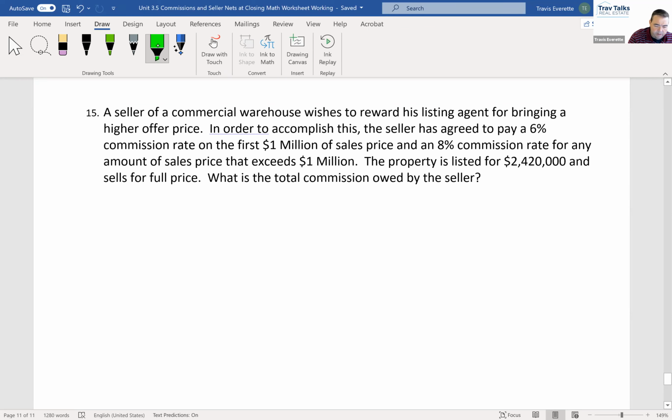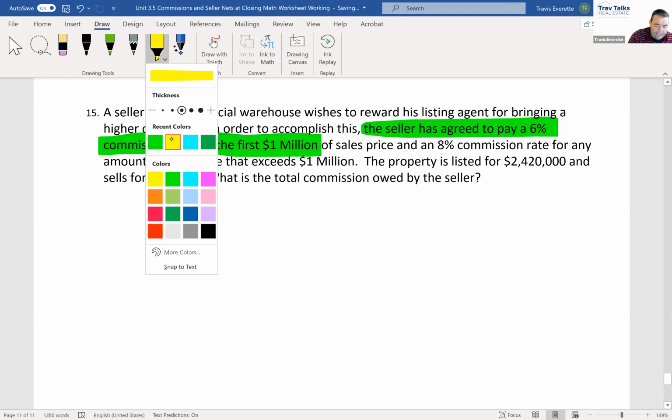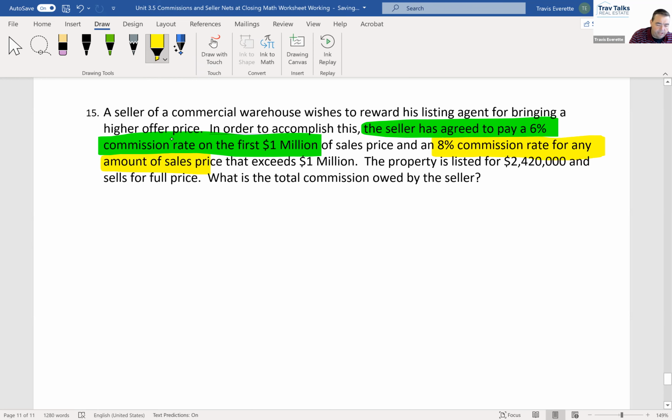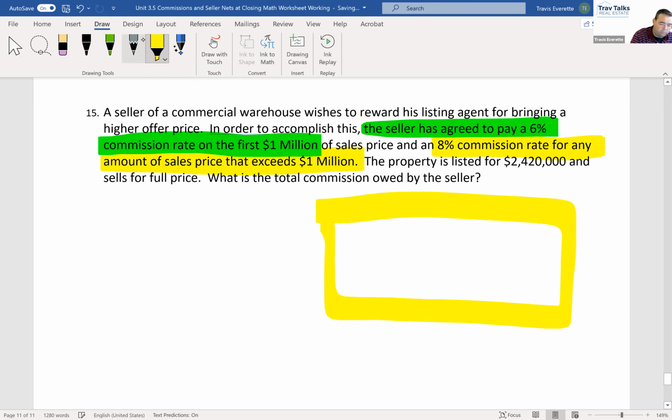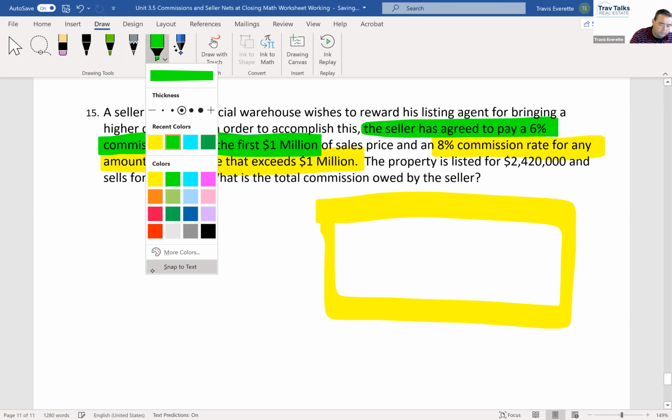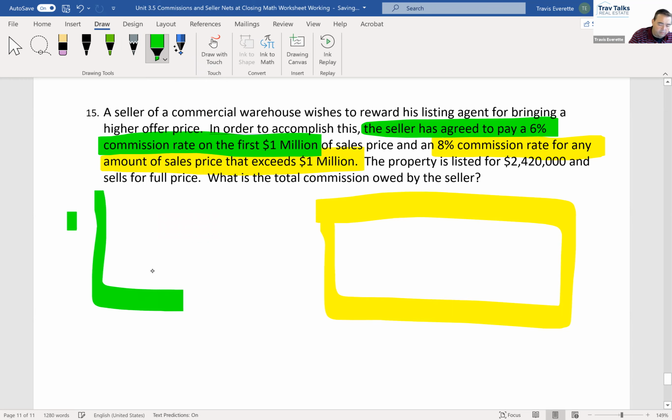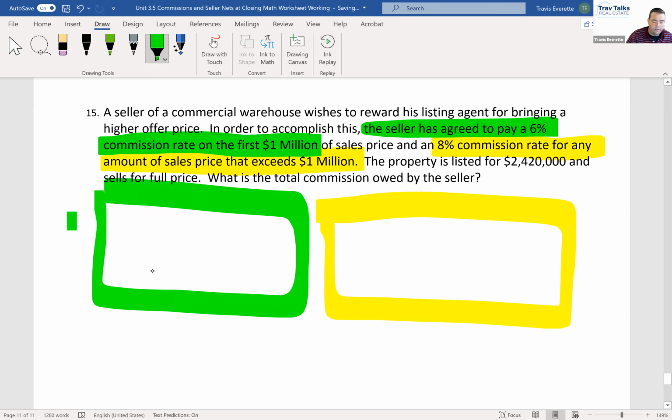It says the seller has agreed to pay a 6% commission on the first $1 million and an 8% commission for any amount that exceeds $1 million. That looks like two boxes to me. So there we go. Yellow box, green box. Okay. So let's make some notes for myself.